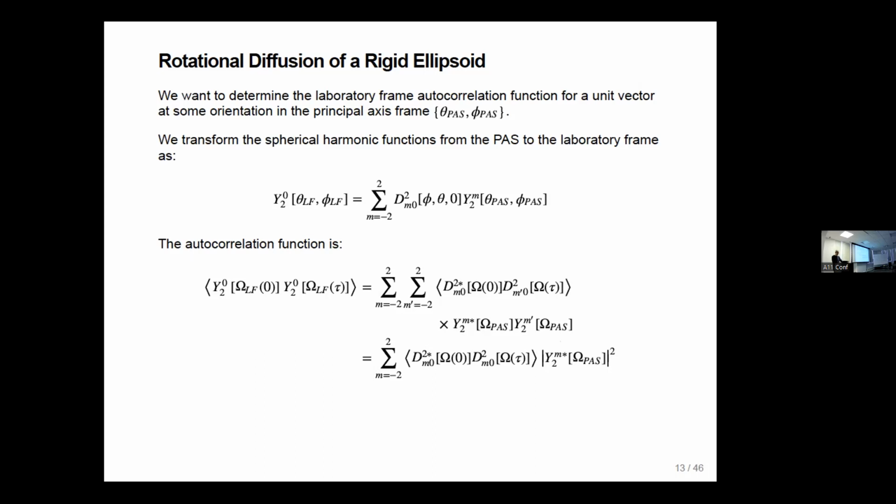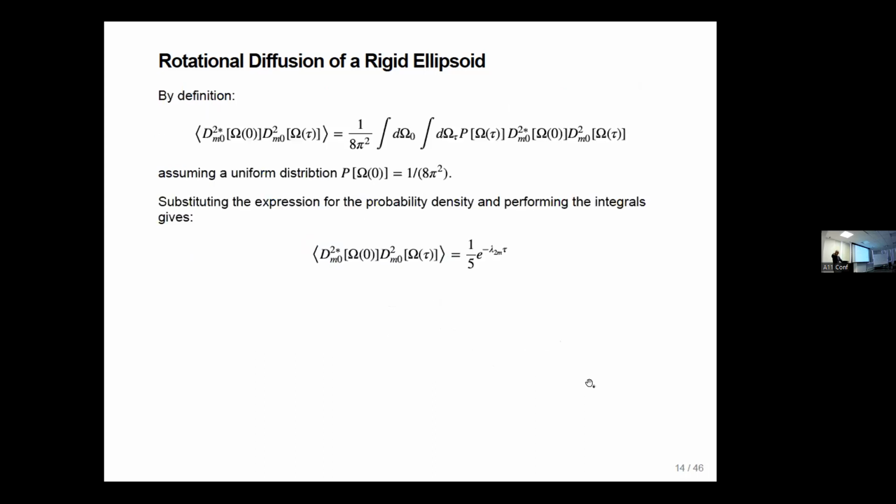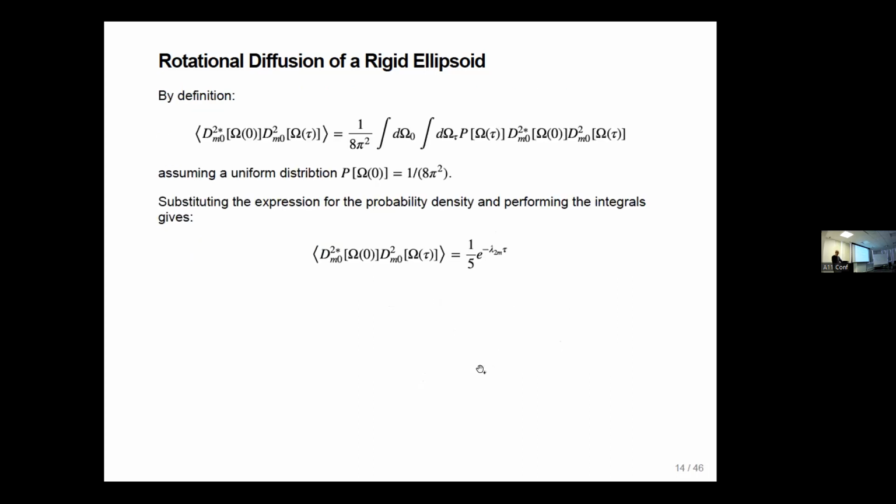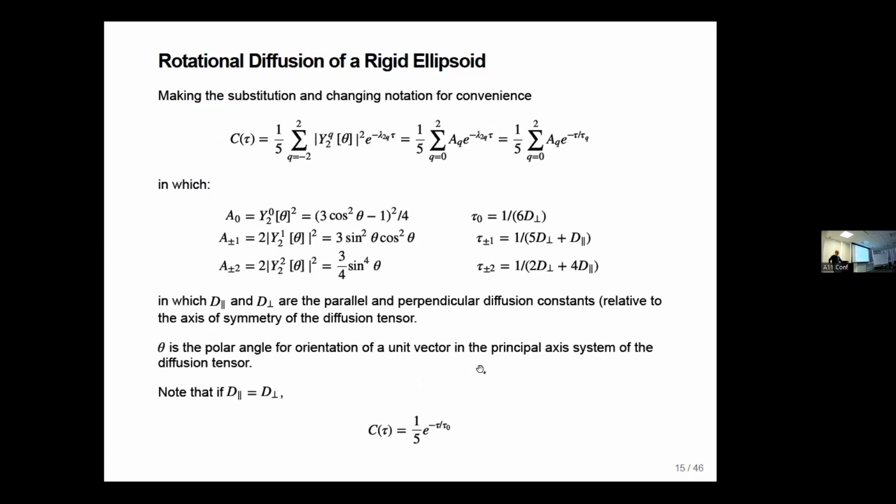And again, this probably looks like expressions you saw from Anne. The end result is that each of these autocorrelation functions of the D matrices looks like a single exponential decay. And you can see we have to sum over an index on the D matrices.